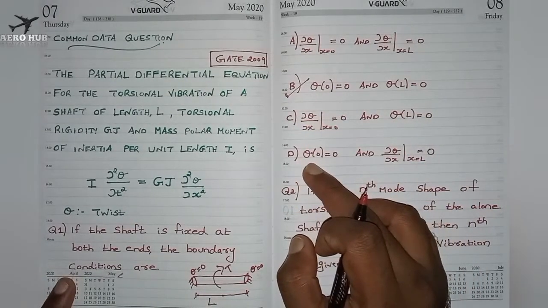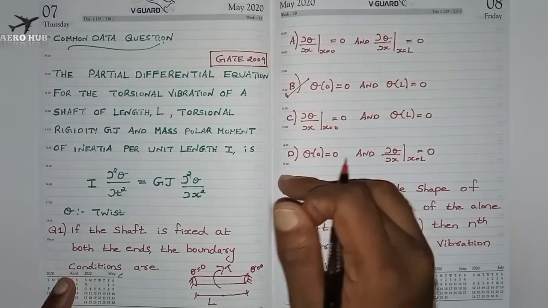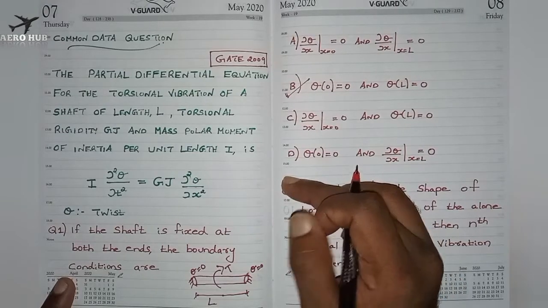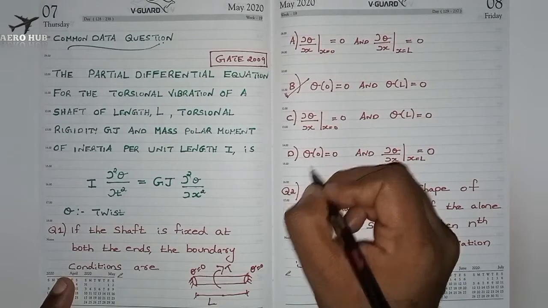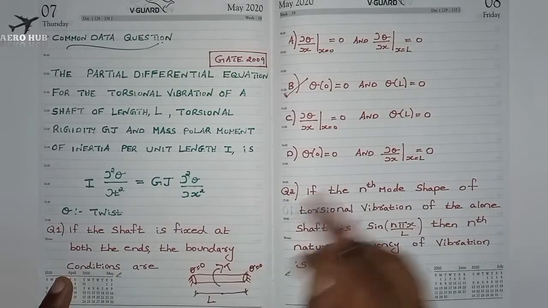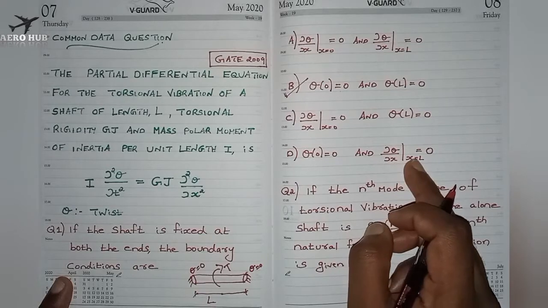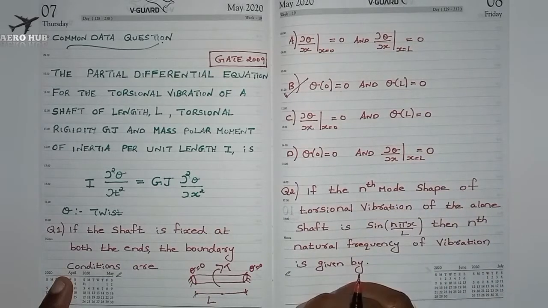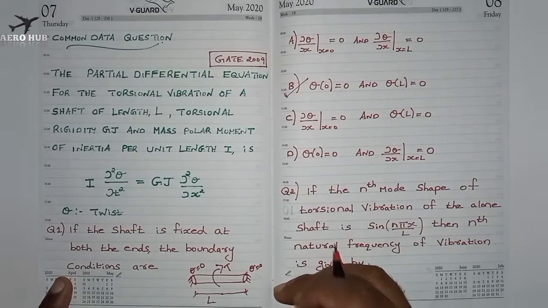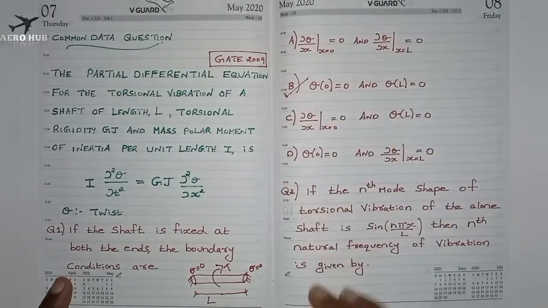Option D: θ of 0 is equal to 0, the angle of twist at the initial position, is correct, but ∂θ/∂x, the shear strain at x equal to L, is not 0; there will be some amount of shear strain. So your answer is option B.